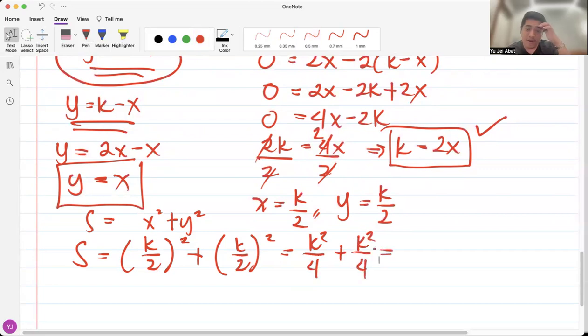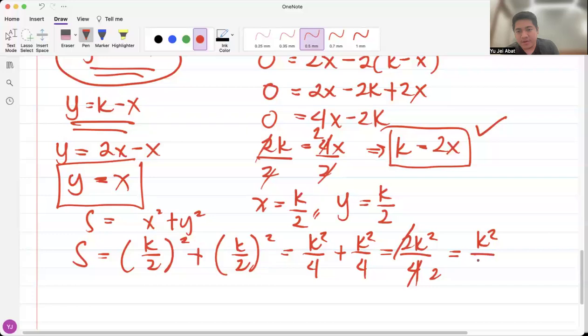So we have 2k squared all over 4. The 2 and 4 cancel, and we have k squared all over 2.